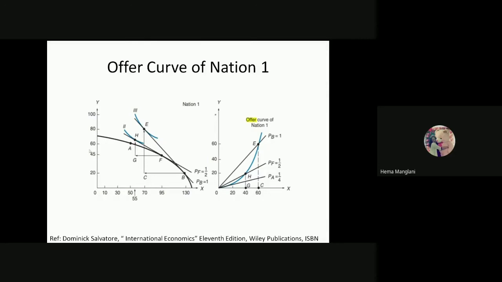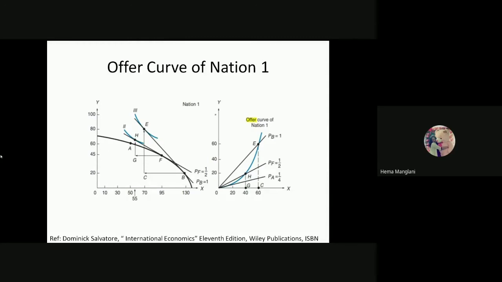Here we have a concave production possibility curve. This follows increasing opportunity cost, which is rising in this case. Generally we see this kind of production possibility curve in the realistic approach, and in some cases, as I was mentioning, both combinations, increasing and decreasing opportunity cost, can also be there.